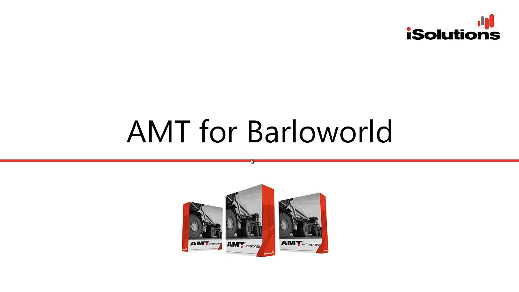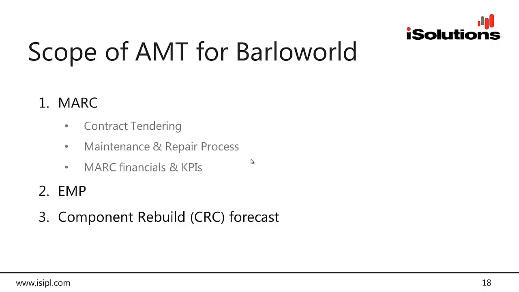So how does that now fit into the scope of the AMT deployment for Barloworld? There are 3 main areas of focus for the AMT deployment at Barloworld. The first one is around your mark agreements, and that really covers 3 sub-elements. The first is contract tendering, producing tenders and quotes for your mark agreements. Then managing those agreements, that maintenance and repair process.